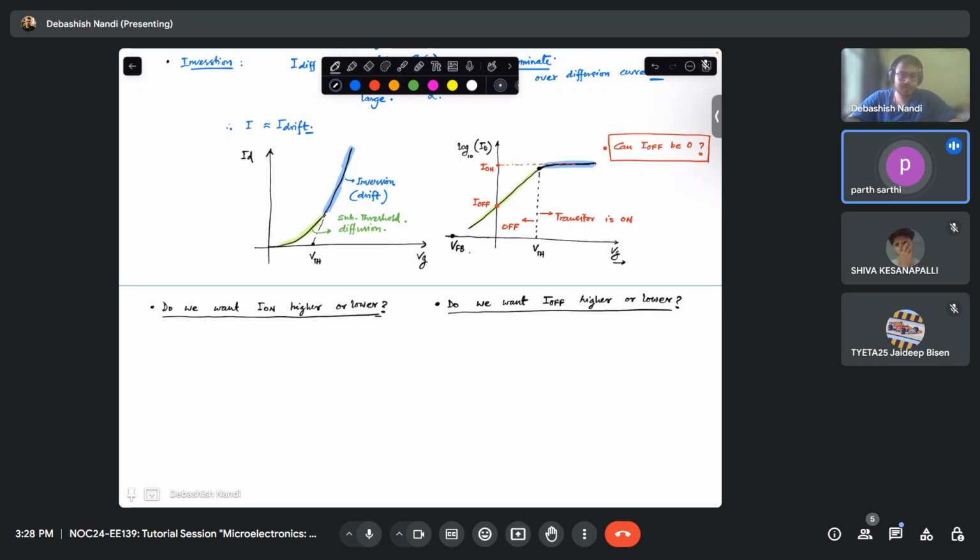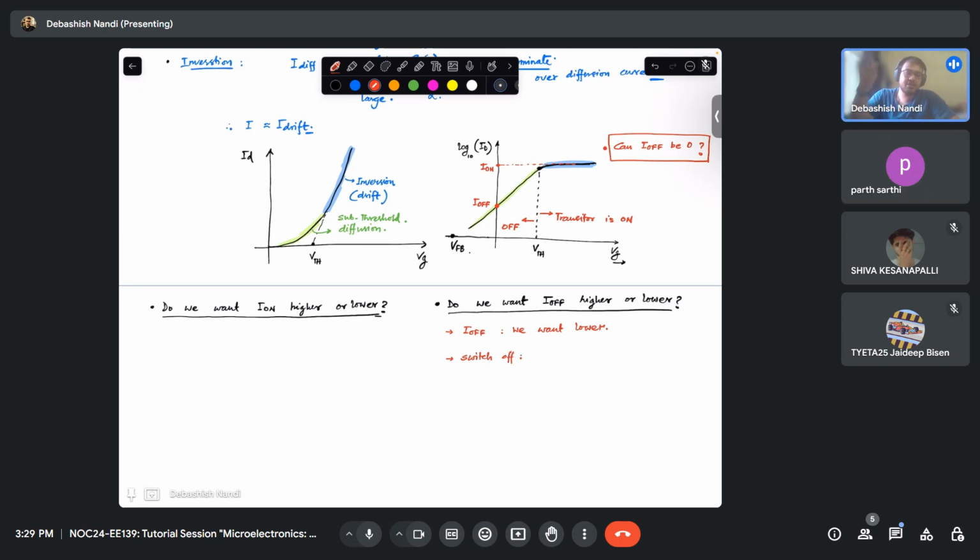So we want Ioff lower, right? Why do we want that? Because when we switch off, the margin will be greater if that is lower.